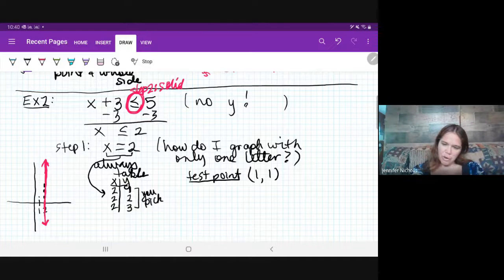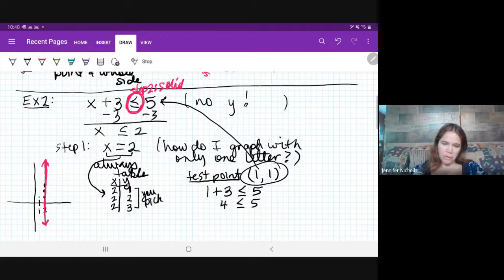You go back to the original: 1 plus 3 is less than or equal to 5. 4 is less than or equal to 5. Is that true or false? That's a yes. So this 1, 1 is a yes.